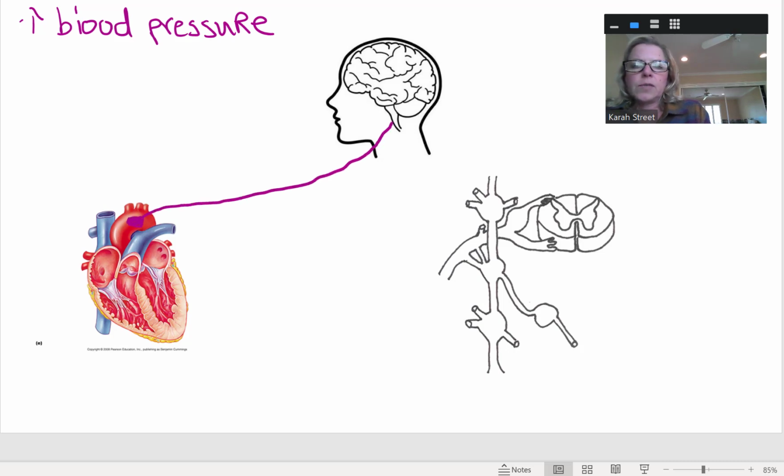Cranial nerve 10 sends afferent signals up to the medulla oblongata. All of that is still the same. The number of action potentials would actually be increased. There would be an increased rate of firing. More action potentials arriving to the medulla oblongata tells the medulla oblongata that blood pressure is too high.